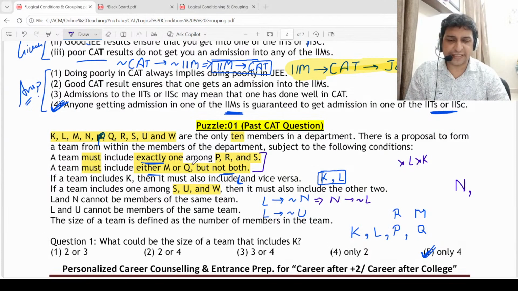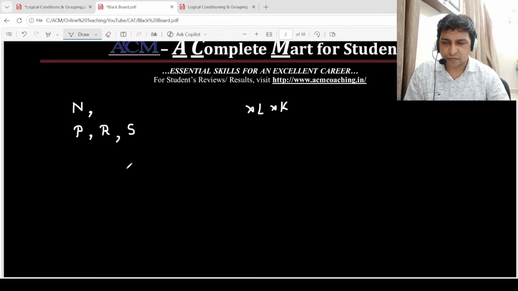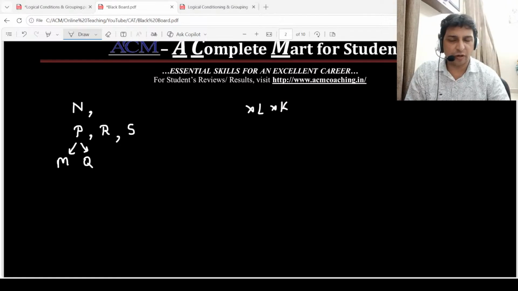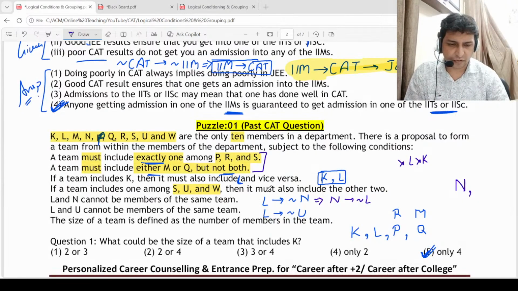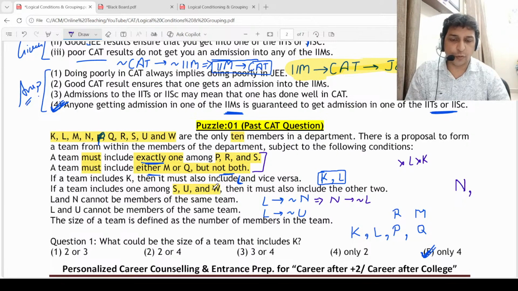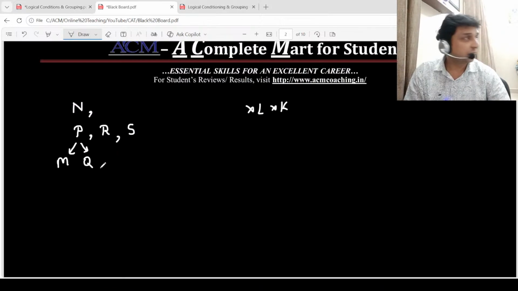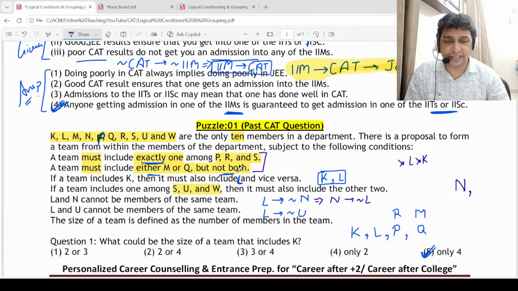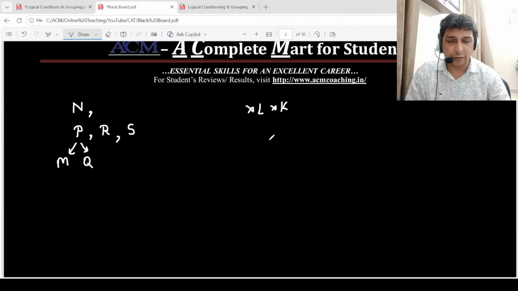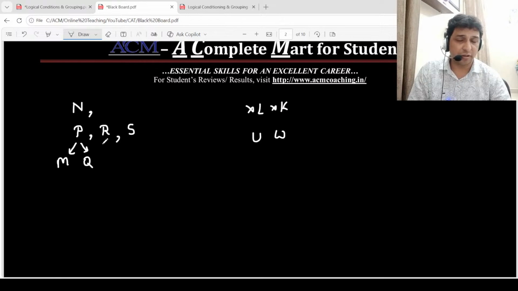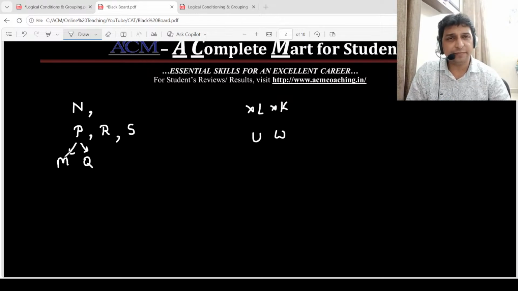Now if we take, let's say, P, then with P we can take M, with P we can take Q, there's no problem at all. From U and W, we can't take anybody. Why can't we take anybody? Because if we take U and W, then we need to take S along. So one team is NPM, the second team is NPQ.